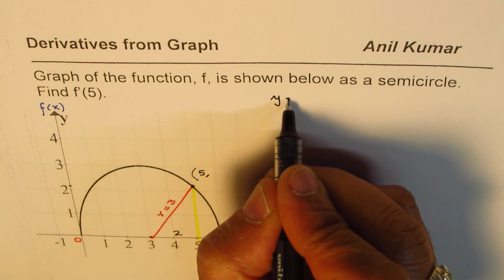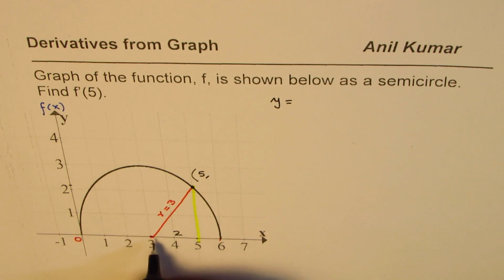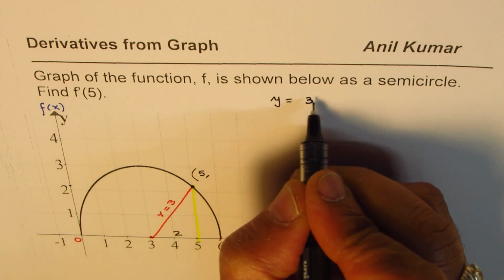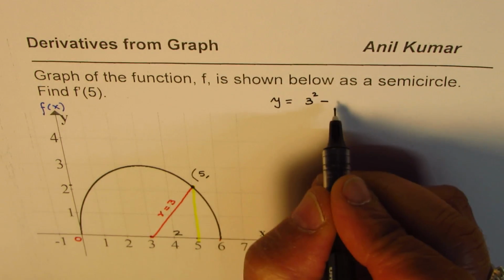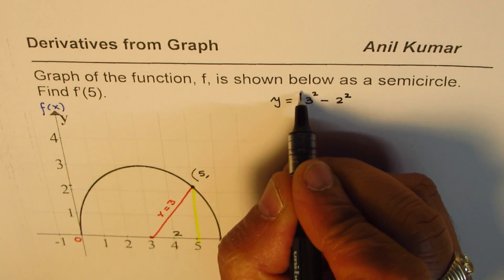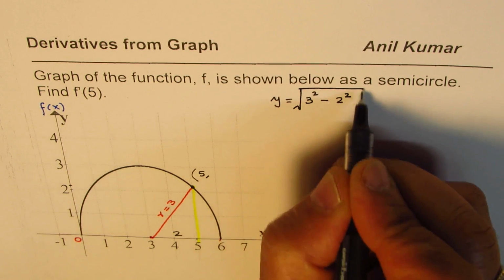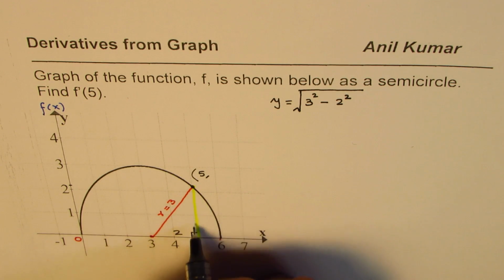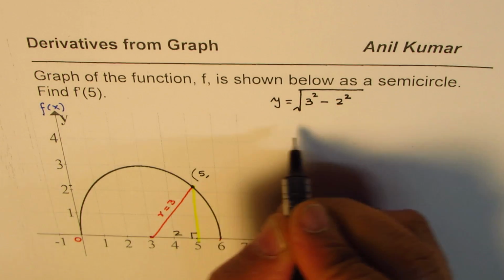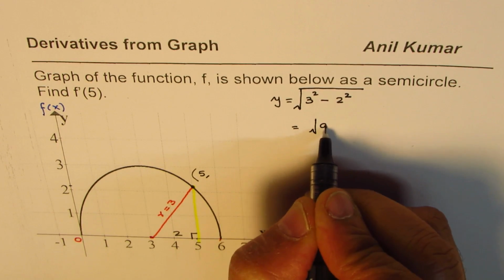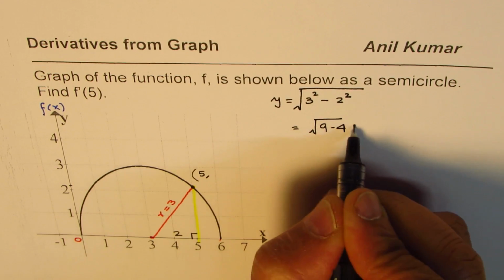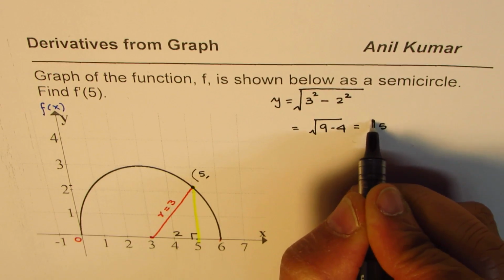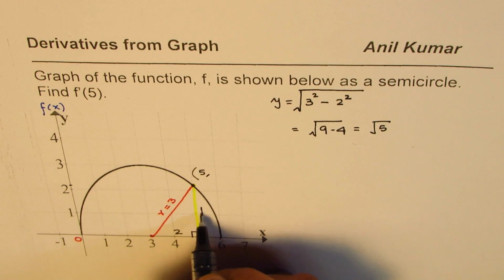So y is equal to the square root of 3 squared minus 2 squared, since this is a right triangle, right? So the square root of 3 squared minus 2 squared will give us the height of this triangle. That gives you a value of the square root of 9 minus 4, which is the square root of 5. So the height is square root of 5.